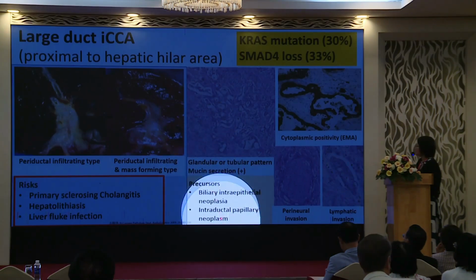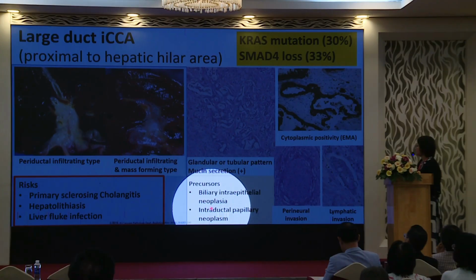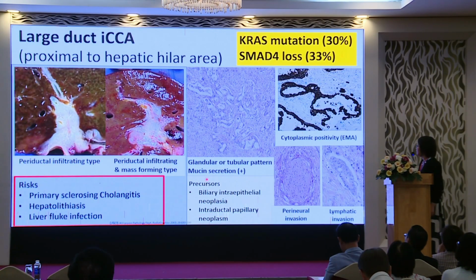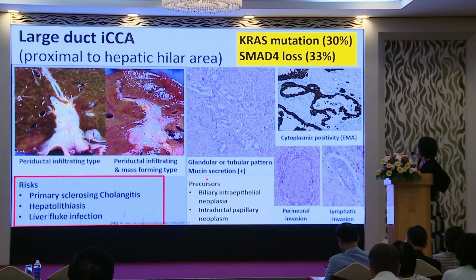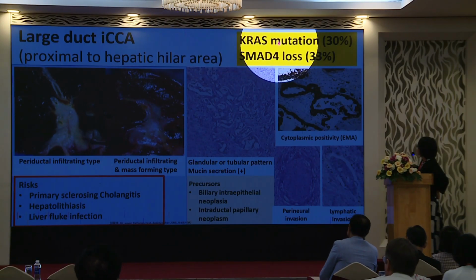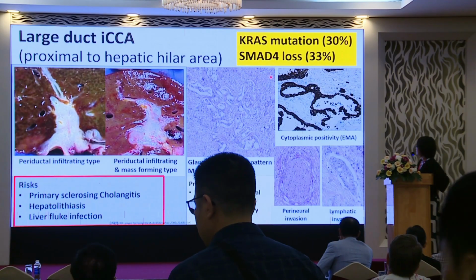We often see the precursor lesion, the biliary intraepithelial neoplasia or intraductal papillary neoplasm, of this large duct type ICCA. And this tumor is a highly aggressive phenotype, often presenting perineural invasion and lymphatic invasion. And most importantly, the molecular feature is quite similar to that of pancreatic cancer or extrahepatic bile duct cancer, showing the KRAS mutation and SMAD4 loss in this type of cancer.